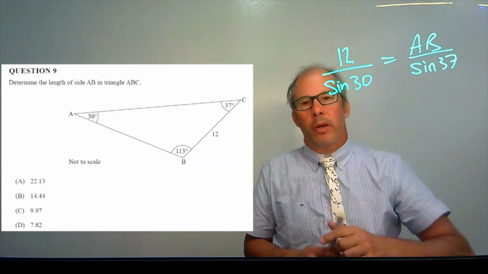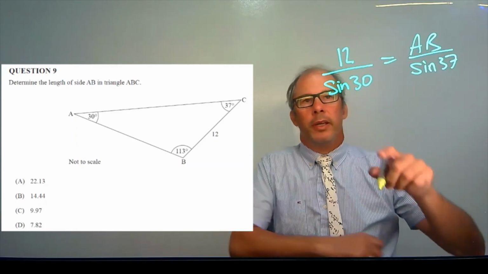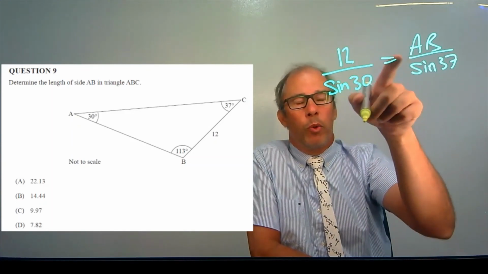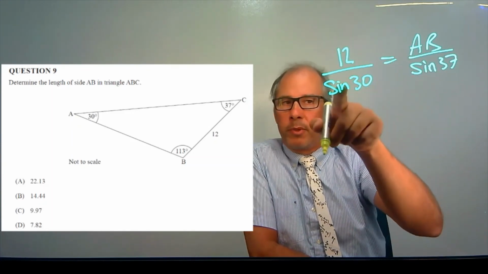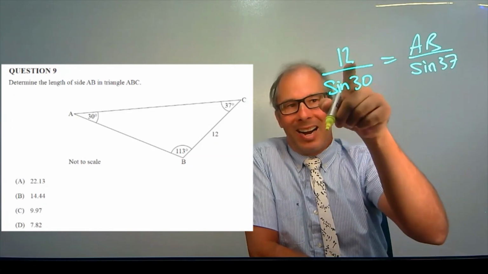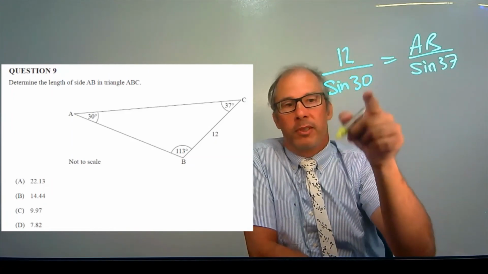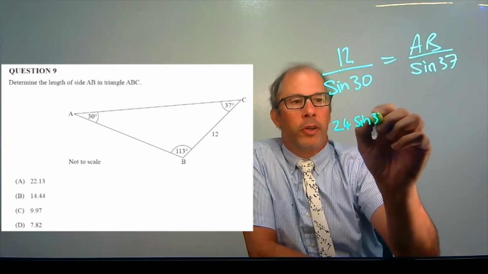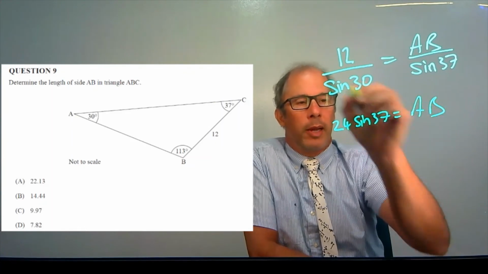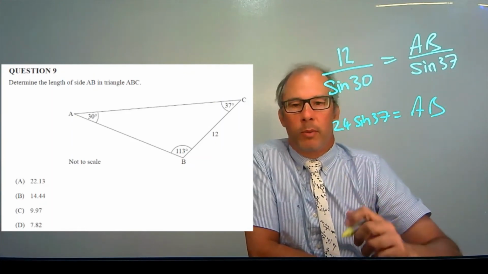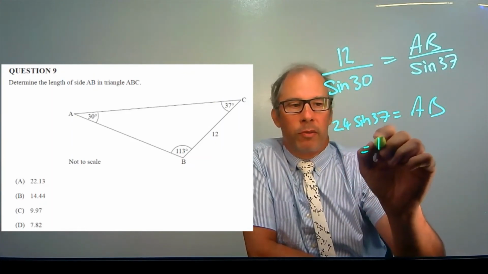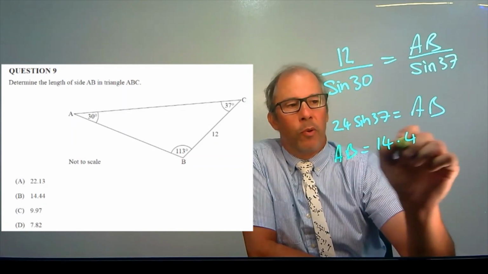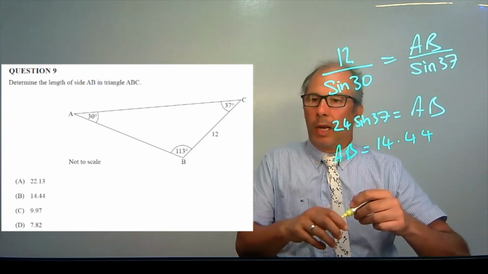Now I could just use my calculator to work out what AB is, but I just happen to know sine of 30 is a half, and 12 divided by half is the same as multiplying by 2, so AB is 24 sine 37. If we put that into our calculator, I got an answer of 14.444, which is answer B for question 9.